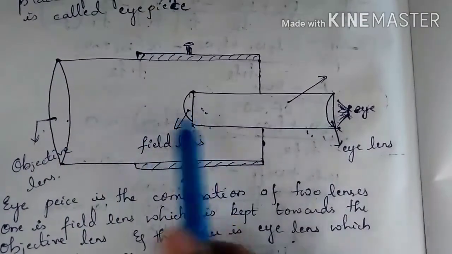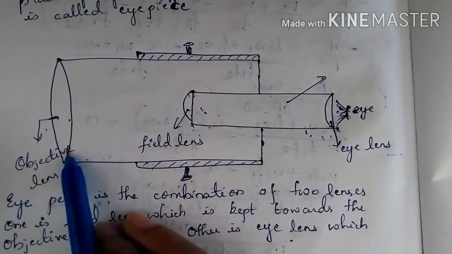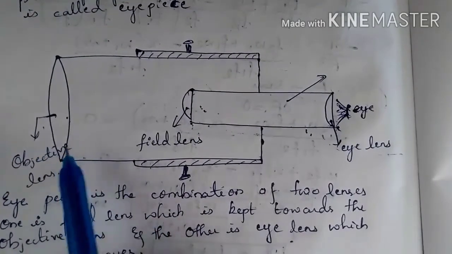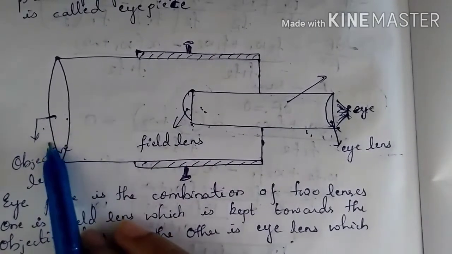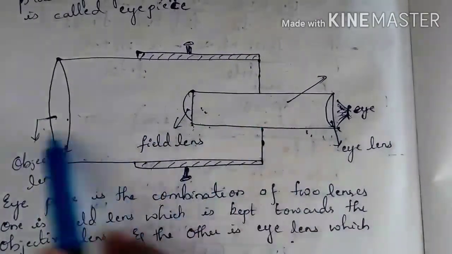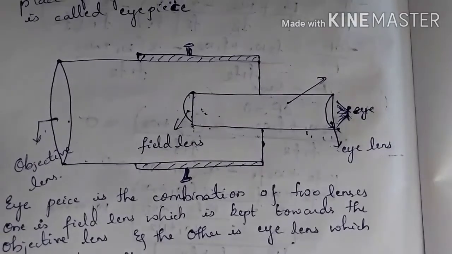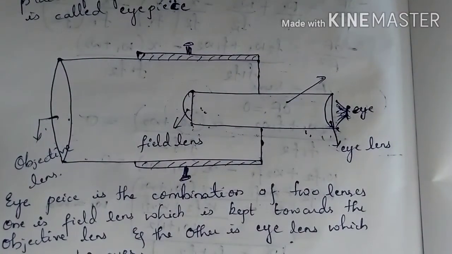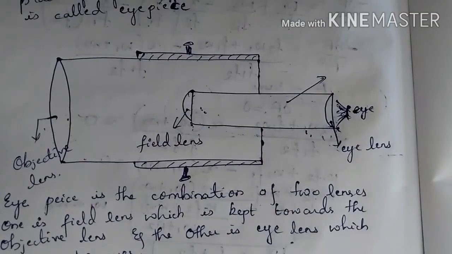So the eyepiece will magnify the image that is formed by the objective lens, and the light rays from the objective lens will get directed towards our eyes. That is the role of the eyepiece in telescopes and microscopes.